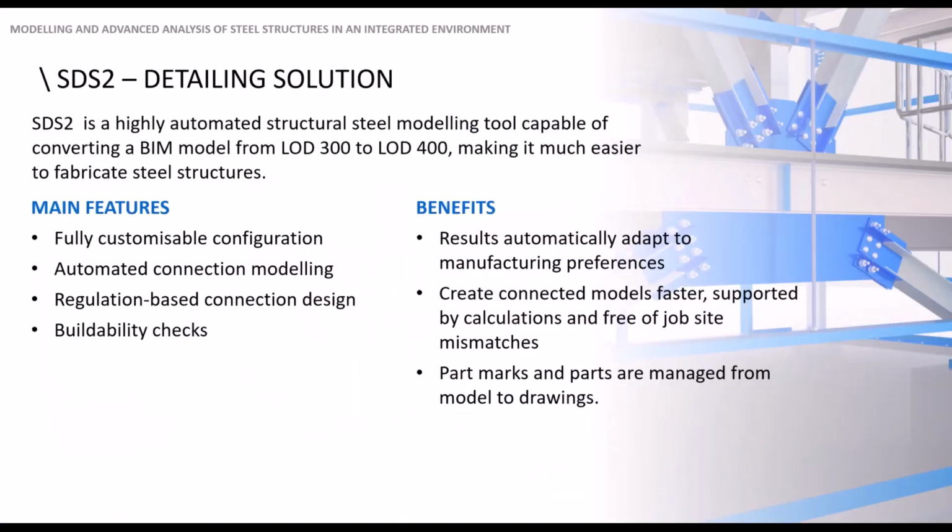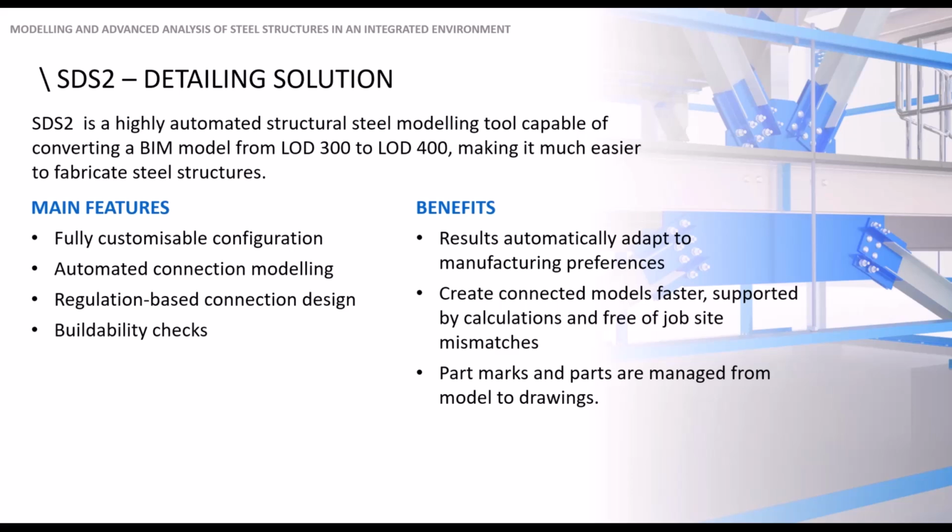SDS2 is our steel modeling tool that has main important features like fully customizable configuration, automatic connection, not only the modeling part, but then also a regulation-based connection design, so the checks, and then also the verification of the buildability. So the main benefits are summarized here.